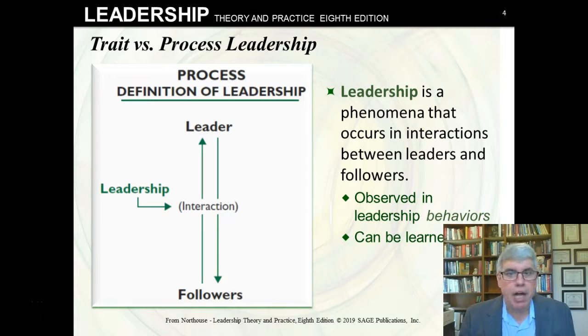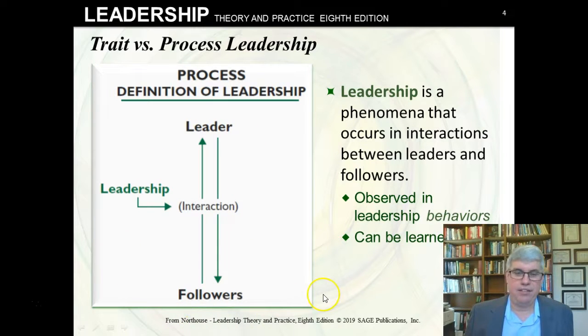In the process approach, leadership is a phenomenon that occurs in the interactions between the leaders and the followers. So you've got leaders and followers interacting, and if the leader does the right things and the followers have the right characteristics and respond appropriately, we can say that leadership is occurring.